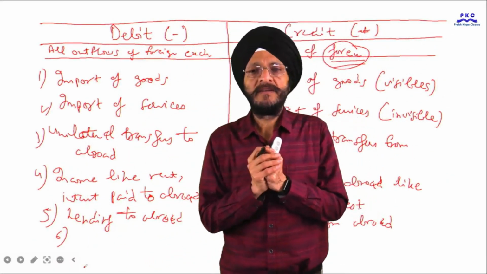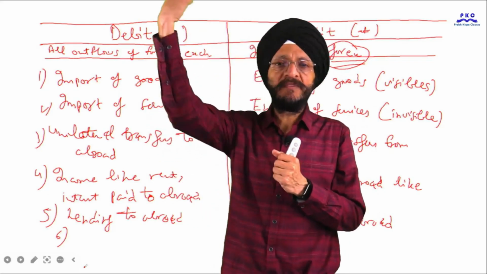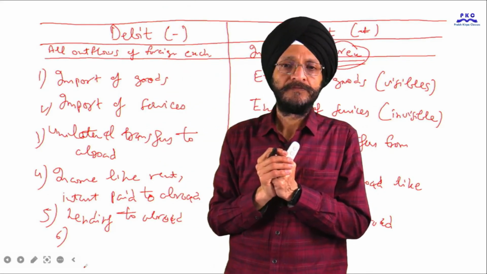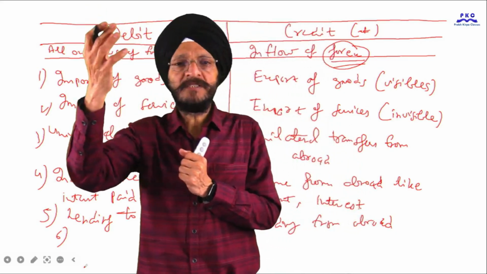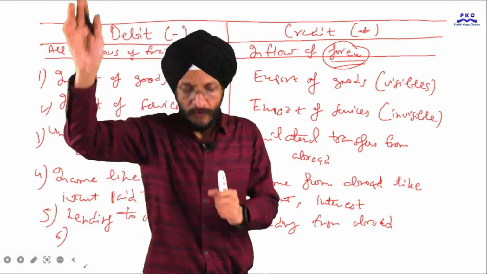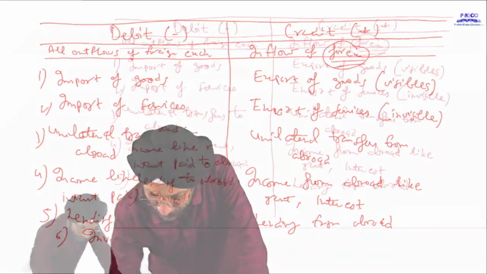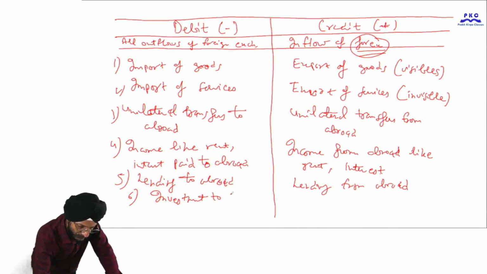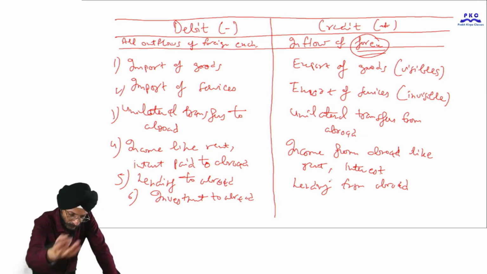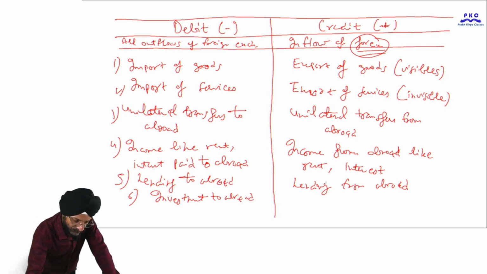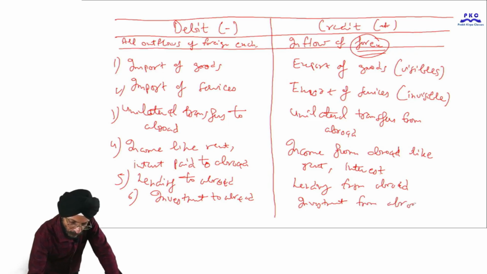We may have money and we make investment abroad. If we make investment abroad, it means outflow of foreign exchange. Or if we receive investment from abroad, it means inflow of foreign exchange.